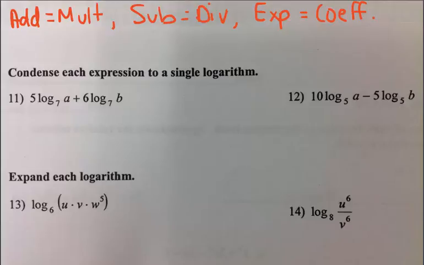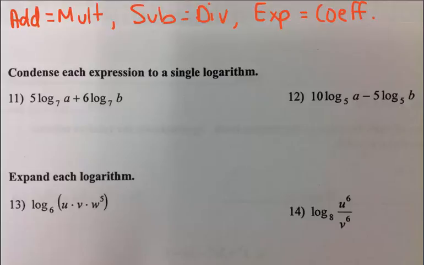Now, we're not panicking because we see logarithms. We've talked about all year that logarithms are just a different way to write something that has an exponent, something that's an exponential. So somewhere on this review, on your cheat sheet, I need you to write these three things that are at the top. That anytime we're trying to condense or expand these logarithms like 11 through 14, take 2 or 3 logarithms into one, or take one logarithm and split it all apart to little teeny logarithms, that we have to know these things.